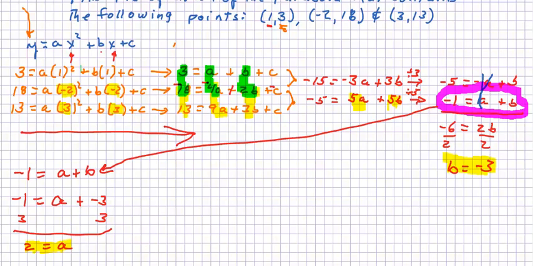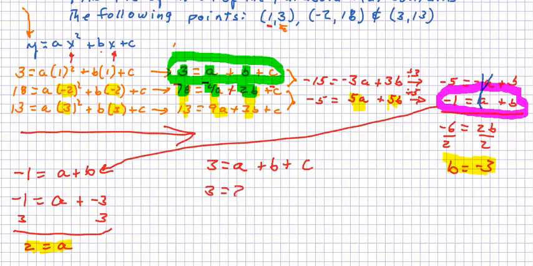I'm going to use this equation right here. 3 is equal to a plus b plus c, or 3 equals a is 2 from this, minus 3 from this, minus 3 plus c. 3 equals negative 1 plus c, add 1 to both sides, and c is equal to 4.